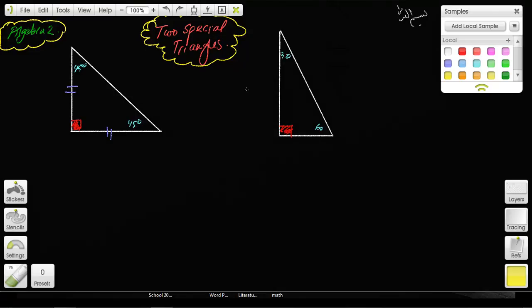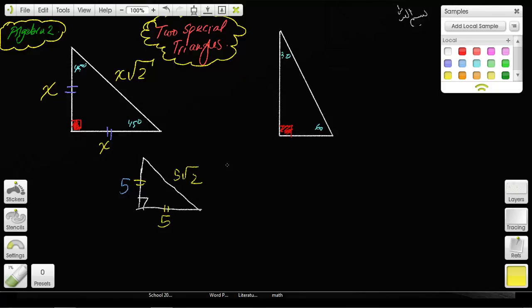Sometimes they imply a 45-45-90 triangle by giving you the two sides being congruent. Then we recall that the legs are x, and this side is x square root of 2. In other words, if the given side is 5, then this side would be 5 also, and the hypotenuse would be 5 square root of 2.